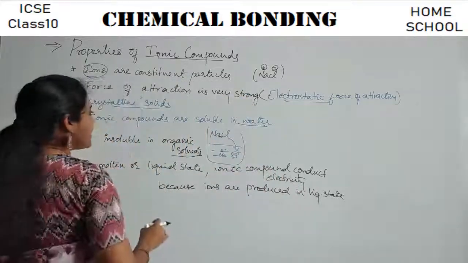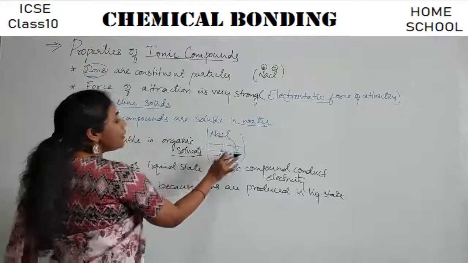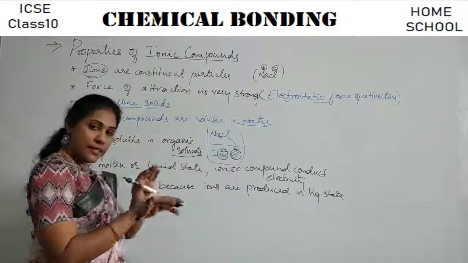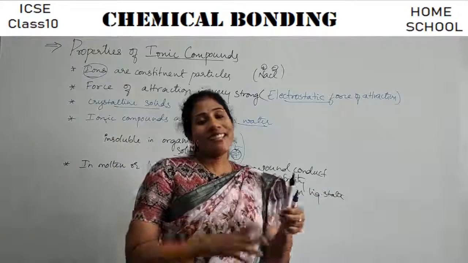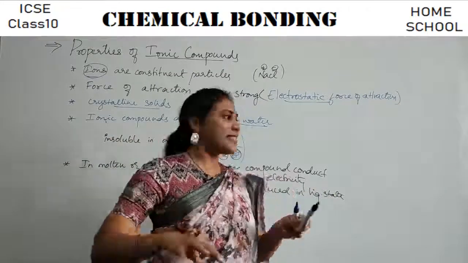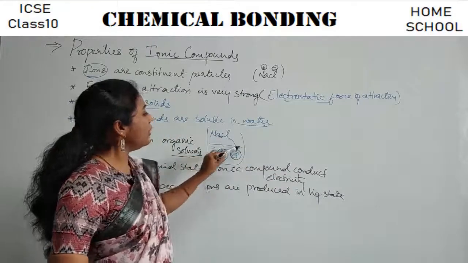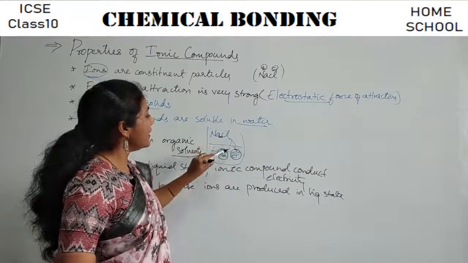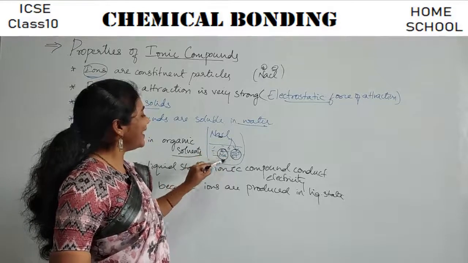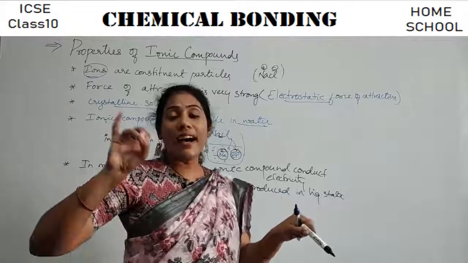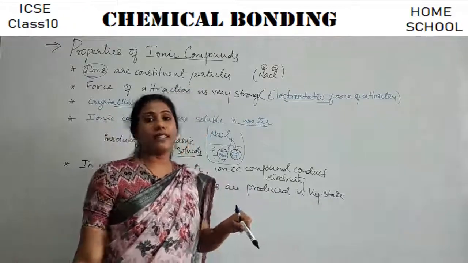What happens is, the moment NaCl goes into a liquid, I told you Na plus ions and Cl minus ions are separated. So these ions will not stay in one place. They keep moving all over the solution. So when you supply certain electricity, they can take that electricity and move. So we say ions are good conductors of electricity.